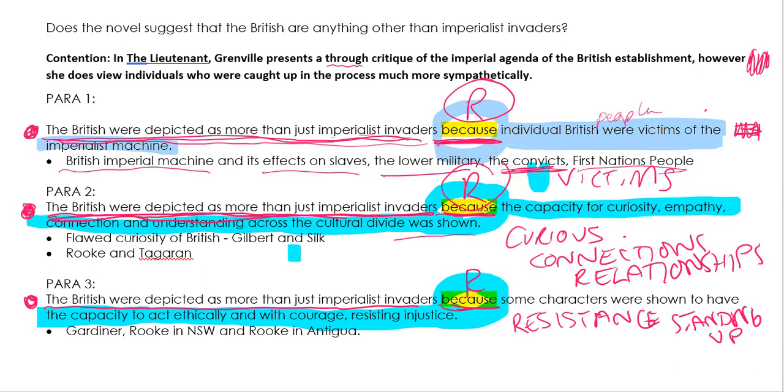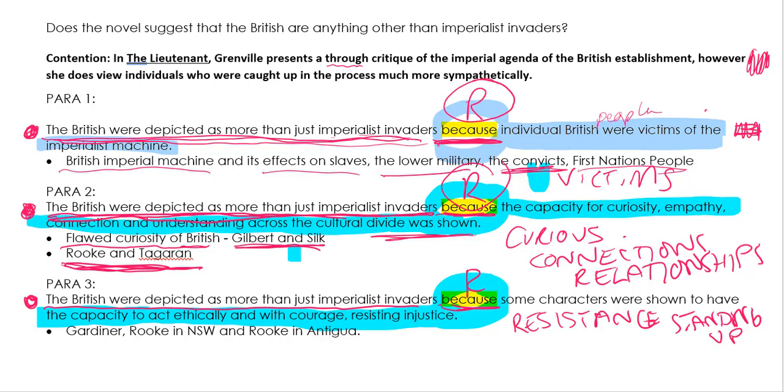So because they're able to connect with First Nations people, particularly in New South Wales, then they're more than just invaders. And my examples were the flawed curiosity of the British, Governor Gilbert and Silk. I thought I'd use them. And then where it became much more developed and substantial with Rooke and Tagarin.